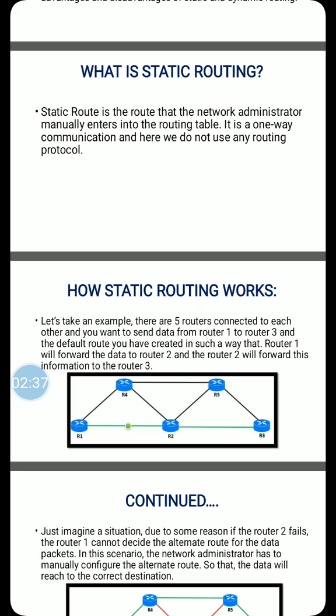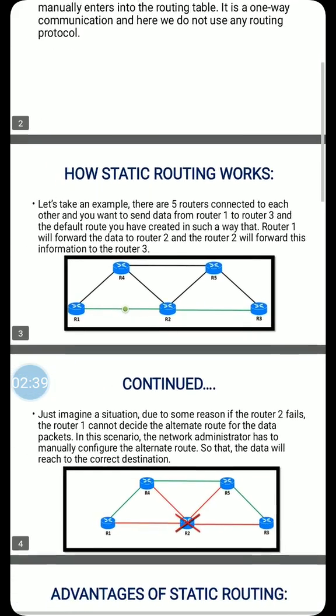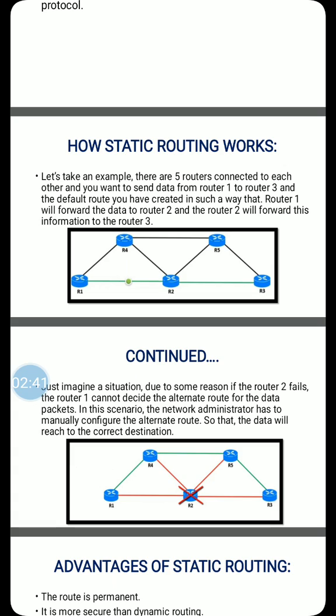The things are clear from this diagram. Just imagine a situation, due to some reason, if router 2 fails, router 1 cannot decide the alternate route for the data packets.